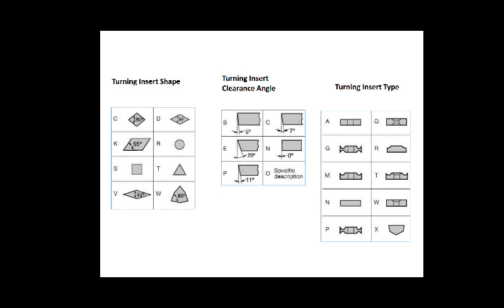And the second one is the insert clearance angle. This we are showing as the second letter. We have seen that N was there, so here you can see the various insert clearance angles: B means 5 degree, C 7 degree, E 20 degree, N 0 degree, P 11 degree.